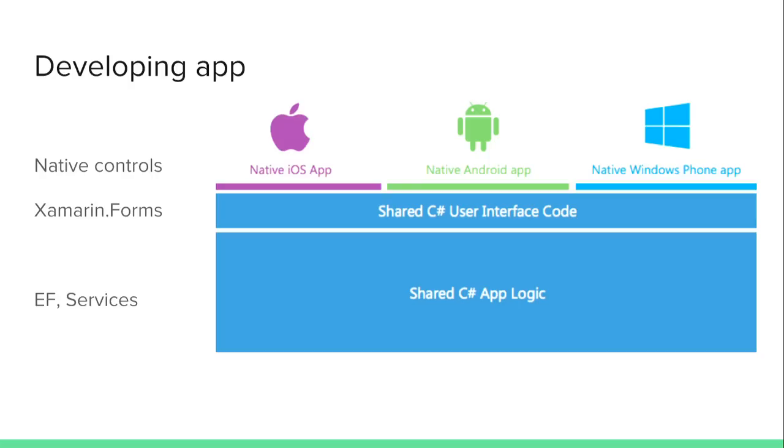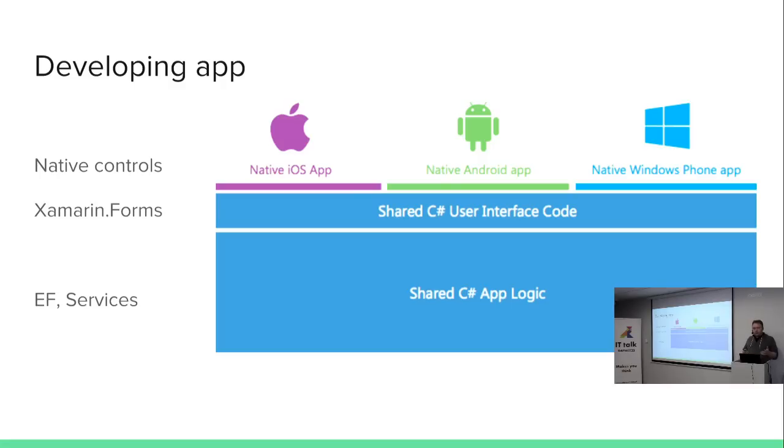Yeah. So how to start developing? If you split your application into several layers, you will get the UI controls. You will also have shared UI controls, which are shared across all platforms. In every project you will get this situation with Xamarin.